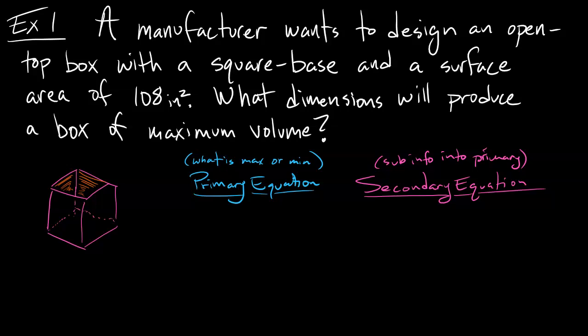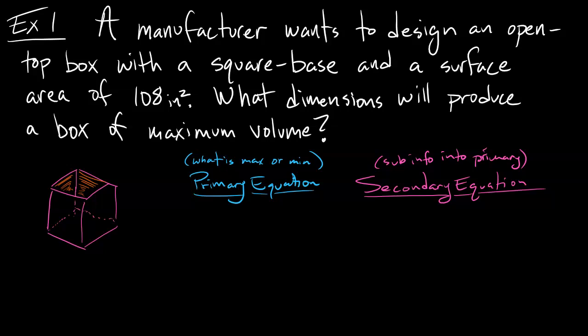Now, it's far easier to determine the primary equation. Basically, the rest of the information is secondary. The primary equation is always going to be what you're trying to maximize or minimize.